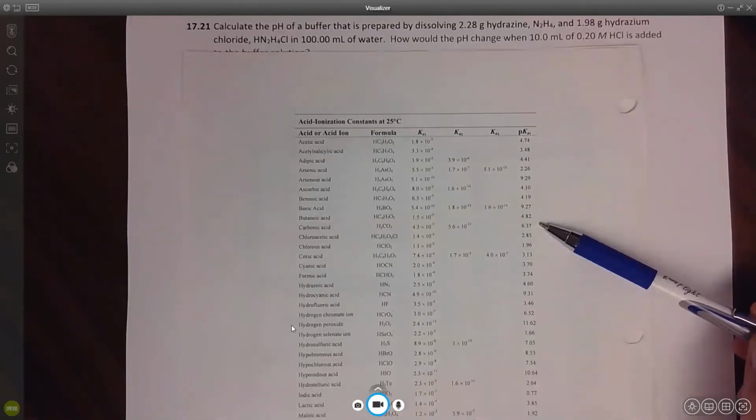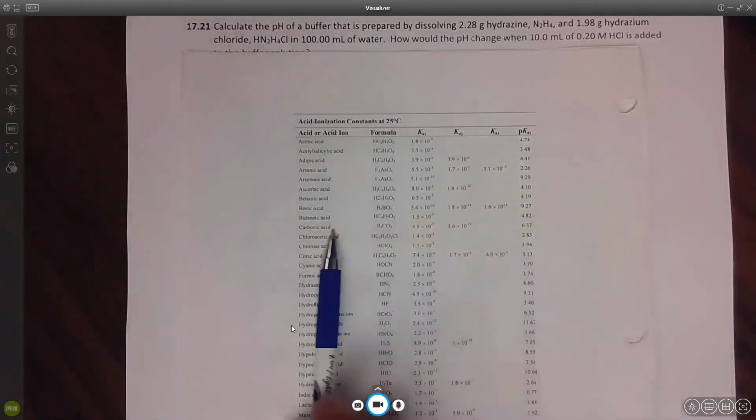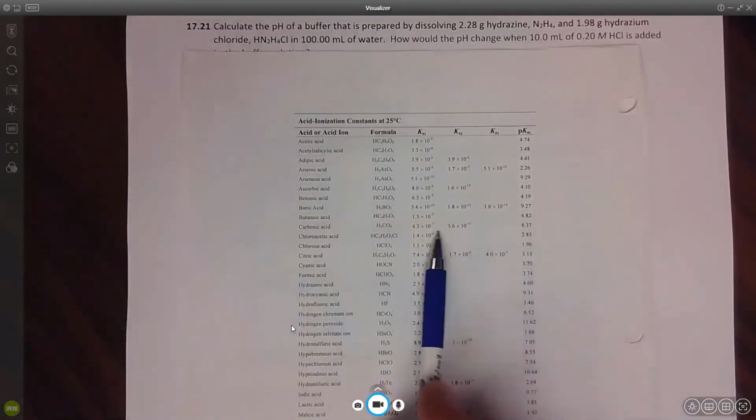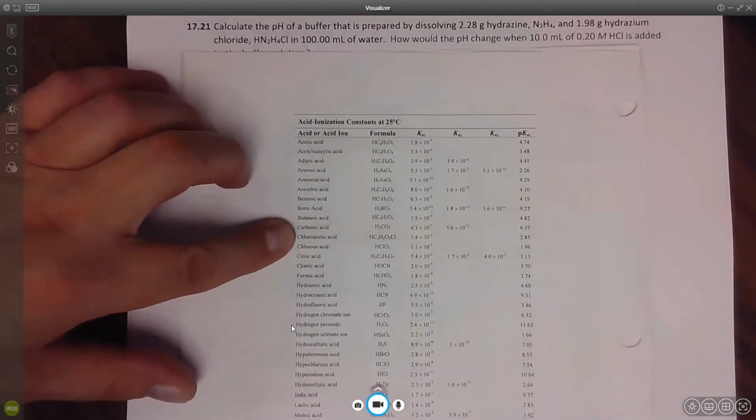So if we're looking for a buffer of 6, we're going to choose an acid between 5 and 7, and closest to 6 that we could possibly get with whatever choices you have, right? So here's a 6.37, so that would work. That is our carbonic acid. Would you use carbonic acid as your buffer? No, because it would neutralize and form a gas.